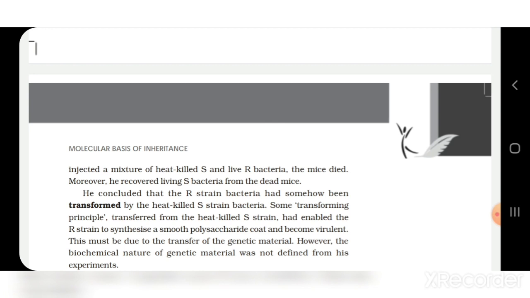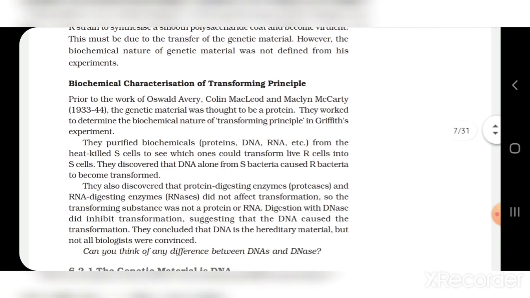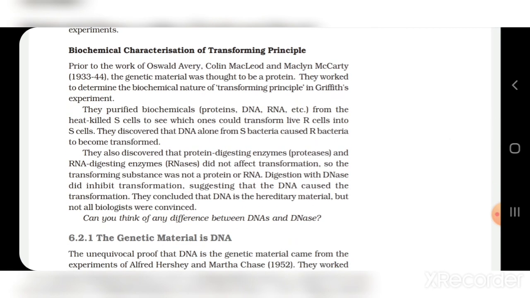What is the biochemical characterization of the transforming principle? Griffith's experiment was further carried out by Avery, Carty and MacLeod, who isolated the components of the heat-killed S cells in detail.